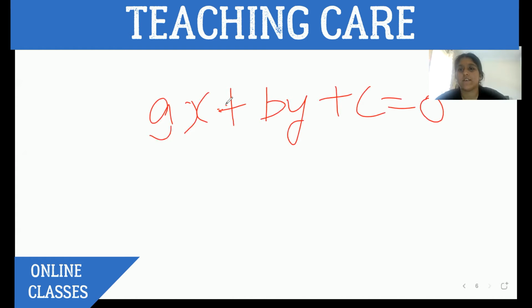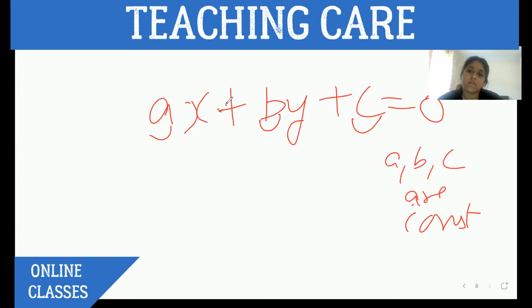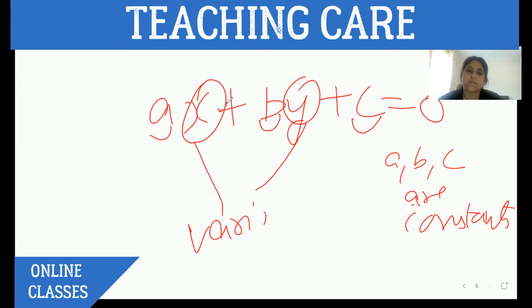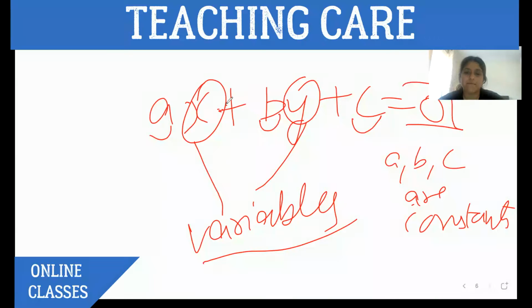Here a, b and c, these three are constants. x and y, these two are variables. So every linear equation in two variables is in this form, always equal to 0, and we can have the constant. Now the signs can change, it can be plus, minus, or something like that.